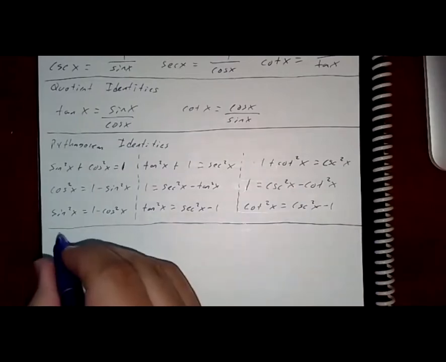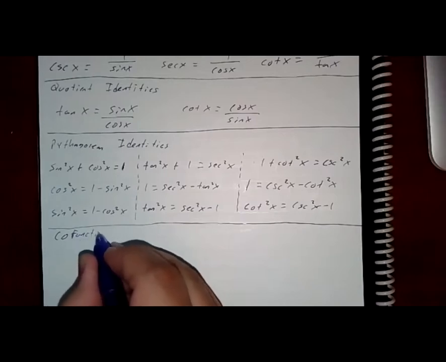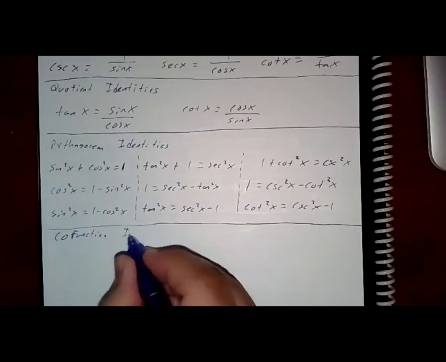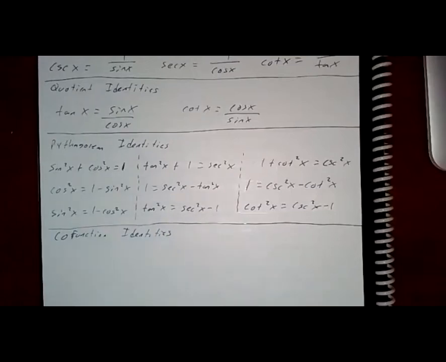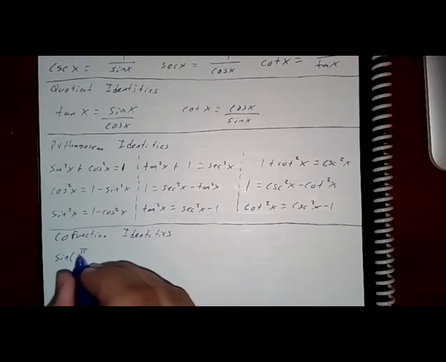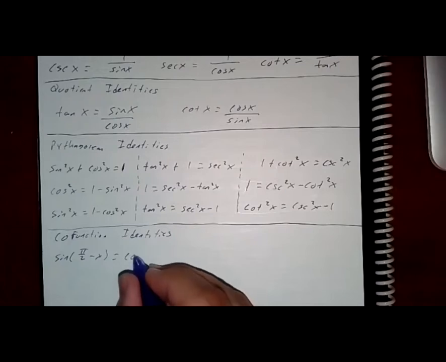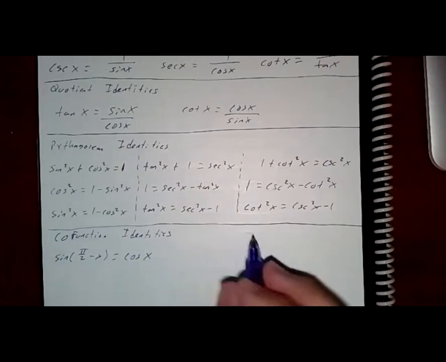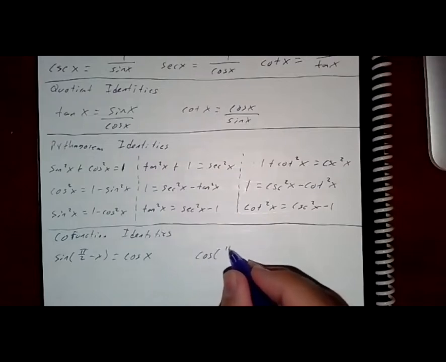All right, cofunction identities. Sine of pi over 2 minus x is equal to cosine x. So this is just a shift that will give us the other function. If I do the other way around, cosine of pi over 2 minus x, then I get the sine.